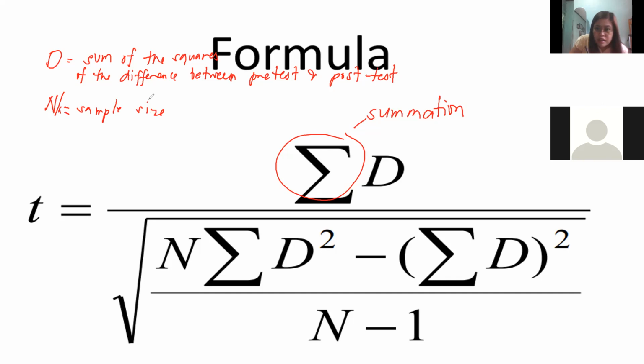Okay? It's just the sample size. So all you need is the sum of the squares of the difference between the pre-test and the post-test.